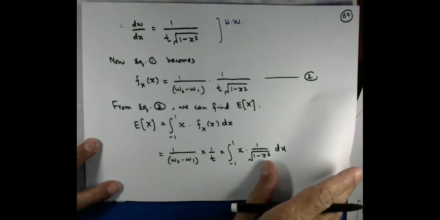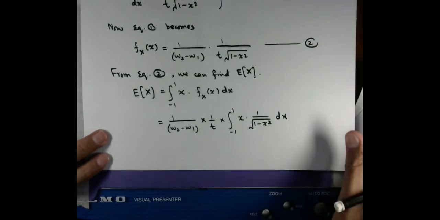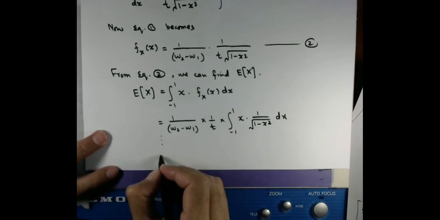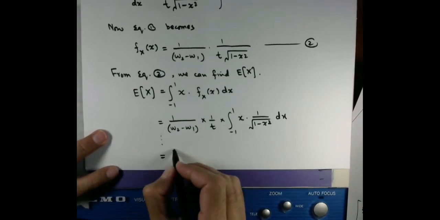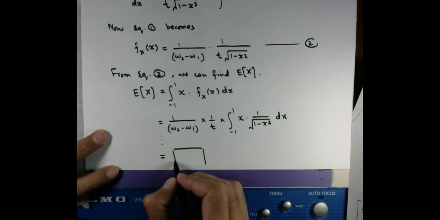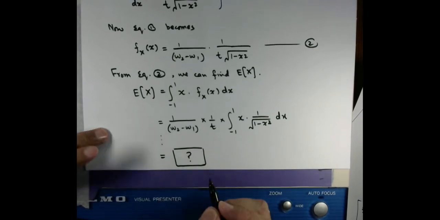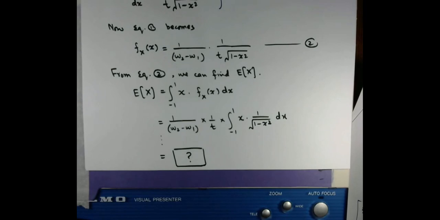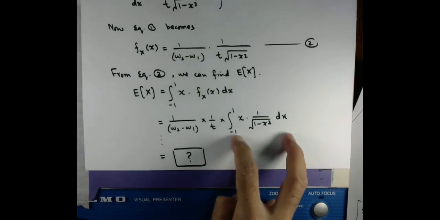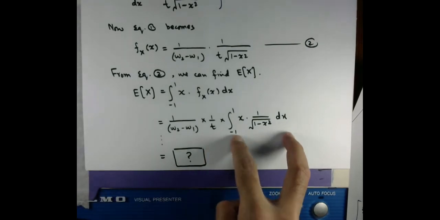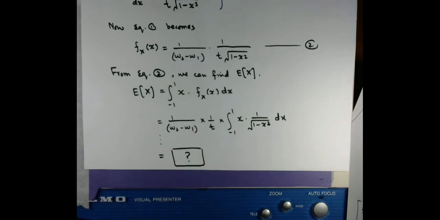So now it should not be difficult for you to move from here to your final expression for the expectation of the derived random variable x. I'll not give you the answer, but this is simple. If you perform this integration and multiply with these, you will reach a certain value.